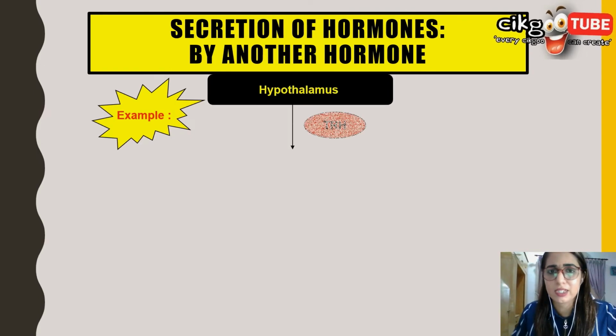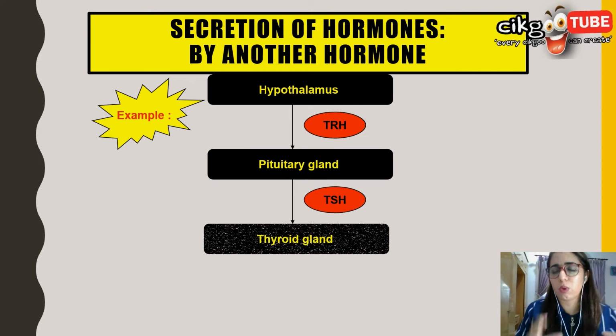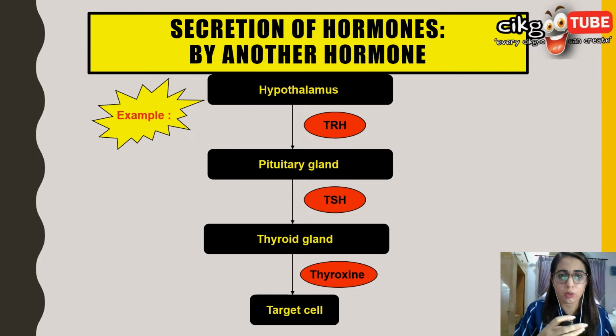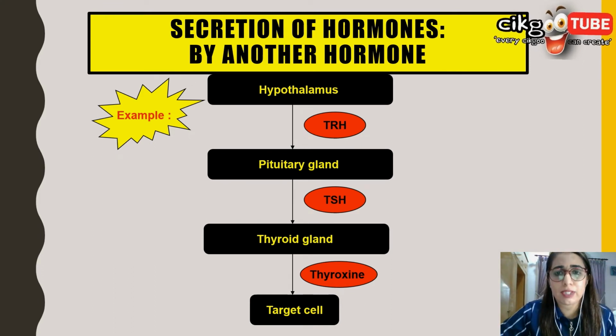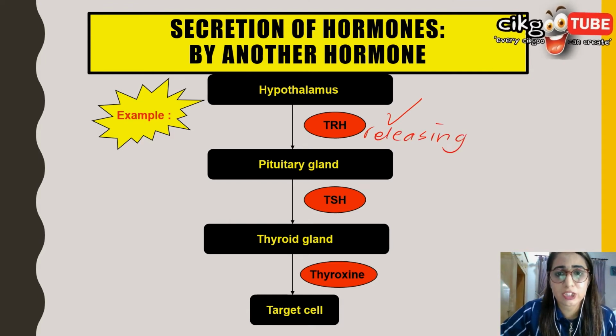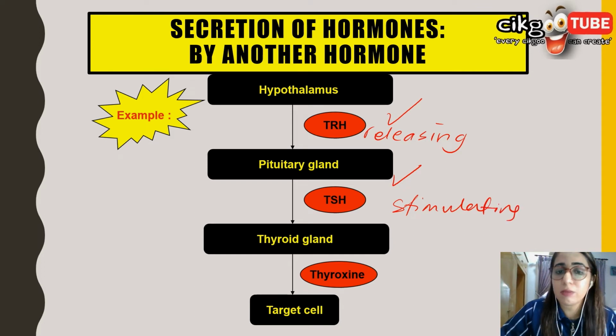Now let's look at an example of how the secretion of hormones actually works. Secretion of hormones is actually controlled by other hormones. For example, the hypothalamus will produce the thyroid releasing hormone, which will stimulate the pituitary gland, the main gland, to produce the thyroid stimulating hormone. The thyroid stimulating hormone stimulates the thyroid gland to produce thyroxine.